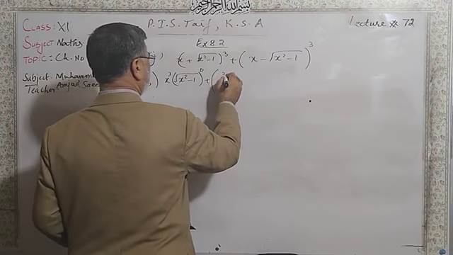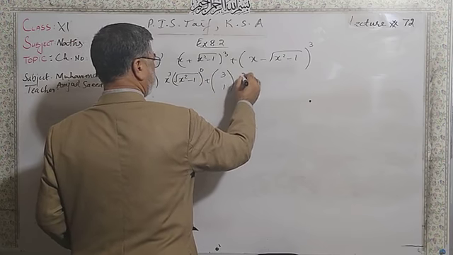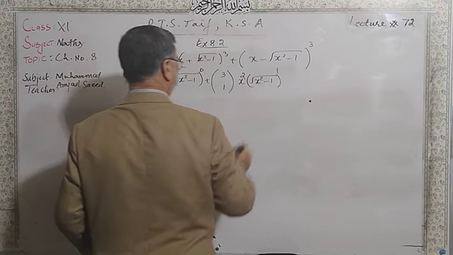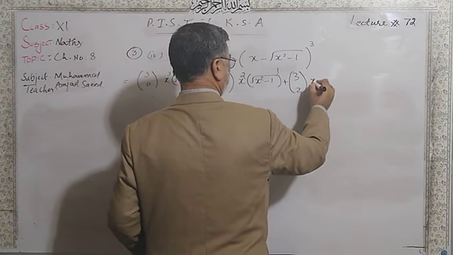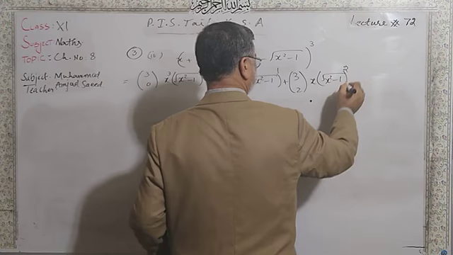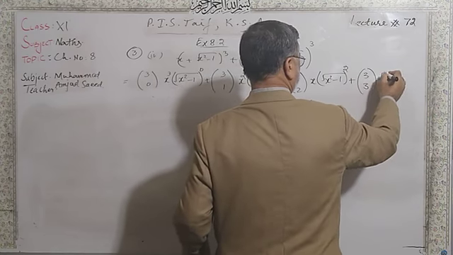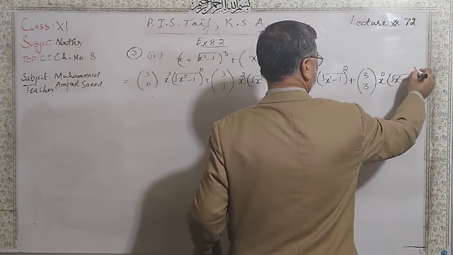That is 3C1 x square (under root x square minus 1) power 1. This will be 3C2 x (under root x square minus 1) whole square. 3C3 x power 0 (under root x square minus 1) whole power 3.